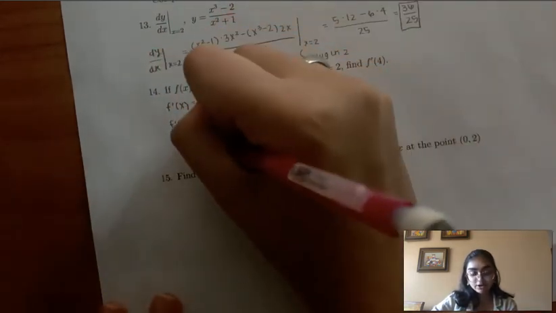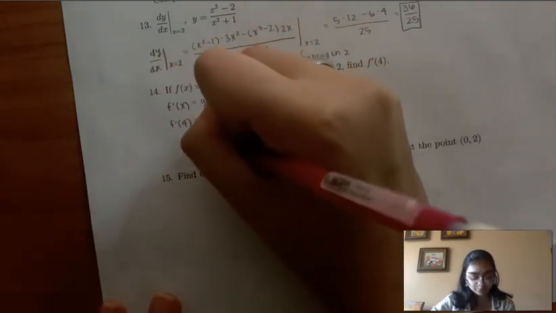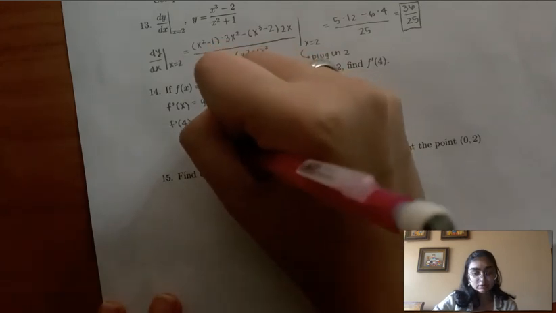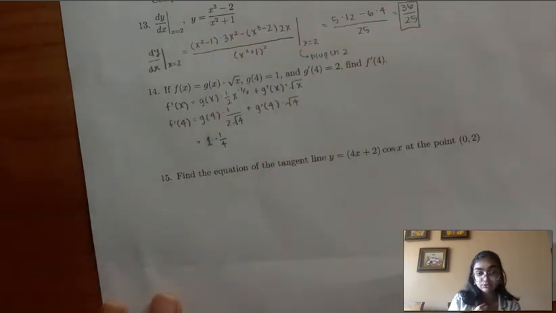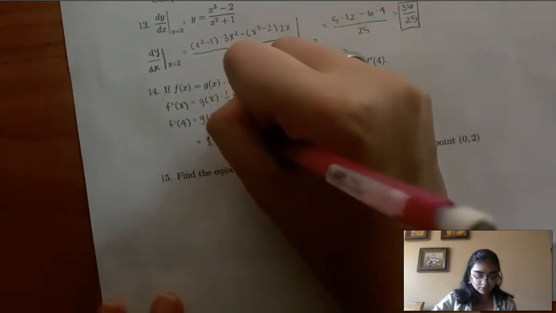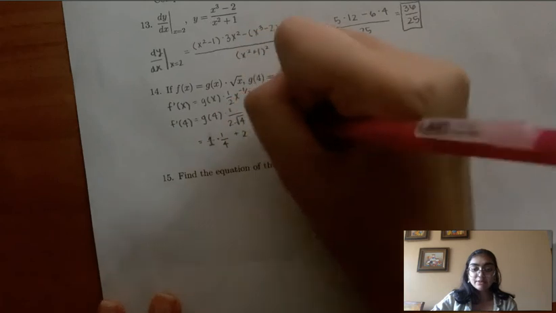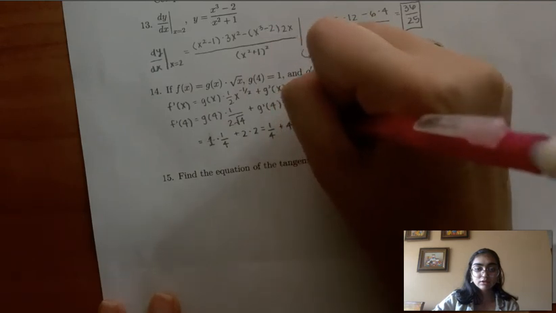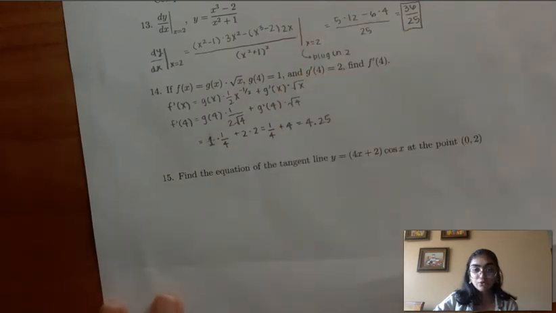We're going to replace that with 1, and we know that because it's given to us in the problem, times 1/4 plus 2, and we know that the derivative of g at 4 equals 2 because that's also given to us in the problem. And we're going to multiply that by 2. And that whole thing is going to give us 4 1/4, or 4.25.